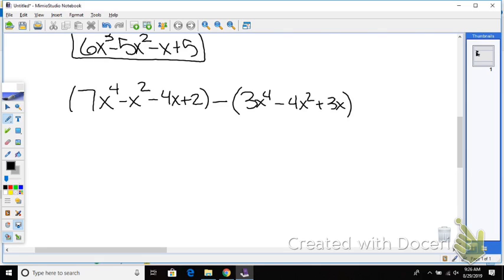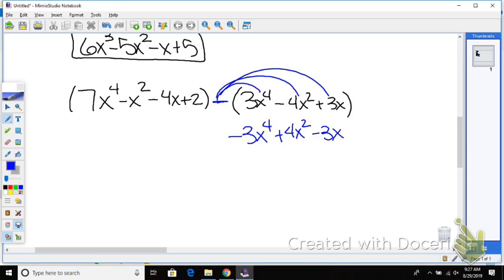Okay, here's where you can't just drop the parentheses and combine like terms because you have a minus here. So anything that comes after the minus sign needs to be distributed to, which basically just changes all their signs. So this becomes a negative 3x to the 4th plus 4x squared minus 3x. The first part stays the same.